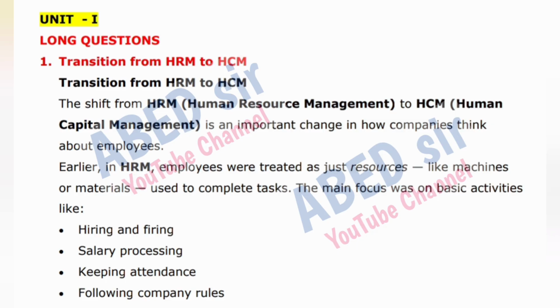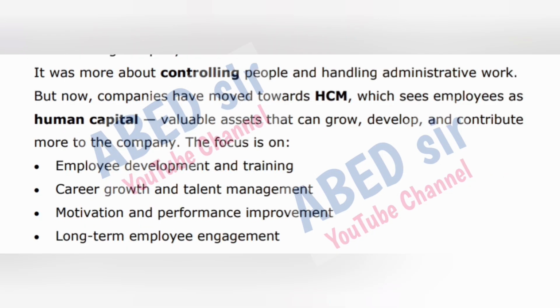Earlier, in HRM, employees were treated as just resources like machines or materials used to complete tasks. The main focus was on basic activities like hiring and firing, salary processing, keeping attendance, following company rules. It was more about controlling people and handling administrative work.